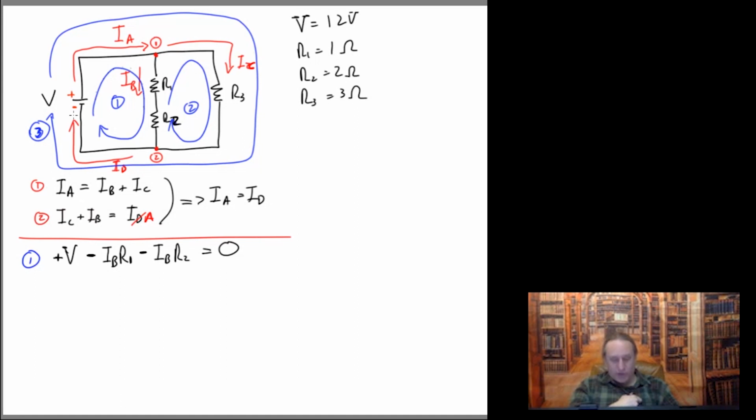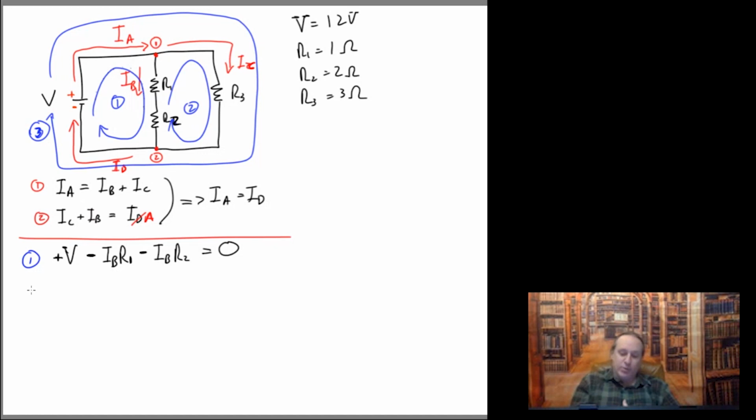For the resistor, I have to know whether the loop direction that I drew is the same as the current direction that I drew. Doesn't matter if I drew the current correctly or not, by the way. It's just, is my loop direction the same as the direction that I drew the current? And if it is, then I'm going downhill and I get a minus sign. If it's not, I'm going uphill and I get a plus sign.